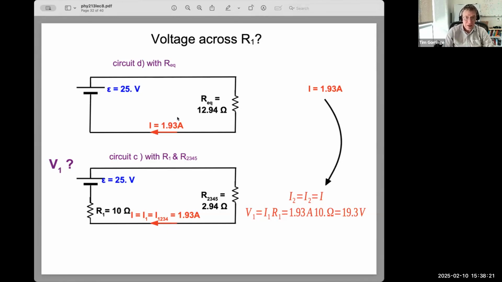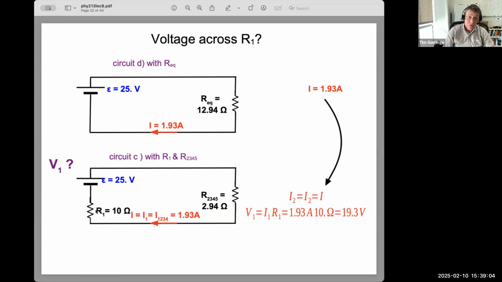And we said there that the current through the equivalent circuit, which is 1.93 amps in this case, is equal to the current in this original circuit. I.e., it's equal to the current that flows through this resistor R2345 and this resistor R1. And so we know without any calculations that the current through R1 is the same as the current through this equivalent circuit here. That current, I call it I1 here, is equal to I, this current upstairs here, 1.93 amps.